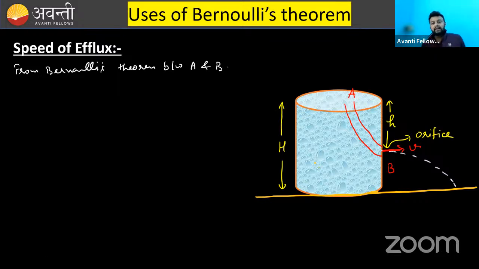Now, let me tell you one more thing: the pressure at this surface is open to the atmospheric pressure. So pressure at this surface is P naught. And at this end, if you notice, the pressure is also atmospheric.